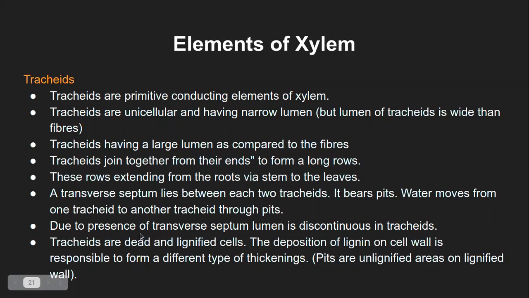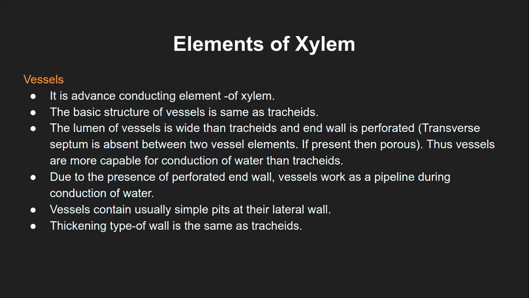Then we had looked at the tracheid structure, which was the major conducting element. It has these septums at the end of each cell, where two tracheid cells are connecting, and there will be a transverse septum, which is not really continuous. It is kind of porous, so that water can move through these pits or through the septum, which is porous in nature.